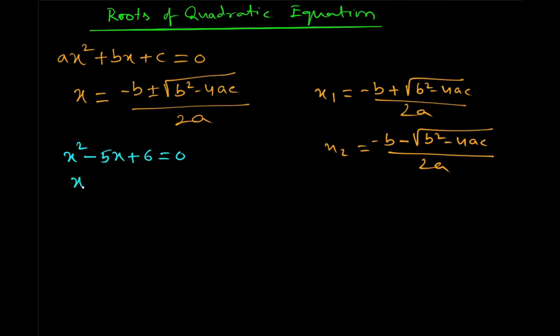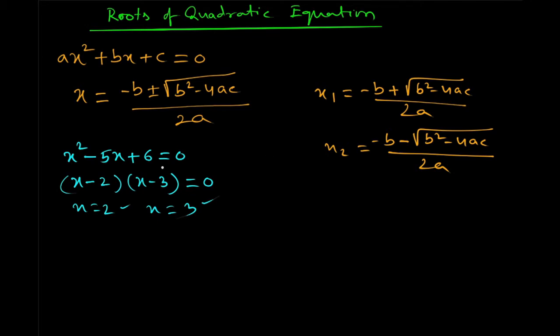Factorizing, we will get (x minus 2) into (x minus 3) equal to 0. This is the factorization of this polynomial. So we get x is equal to 2 and x is equal to 3. These are the two roots of this polynomial.